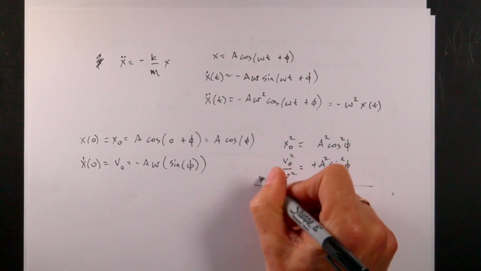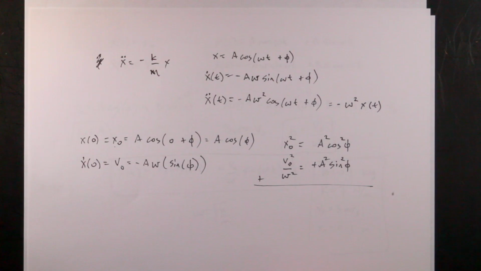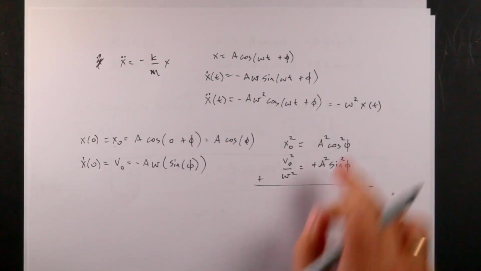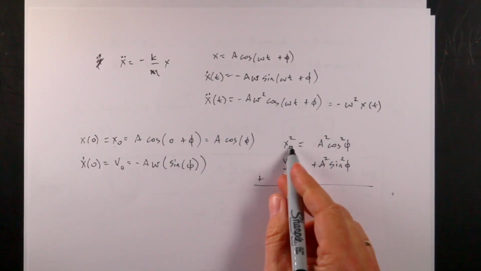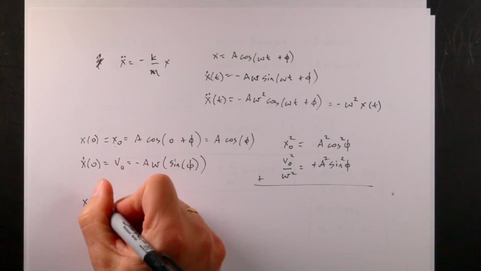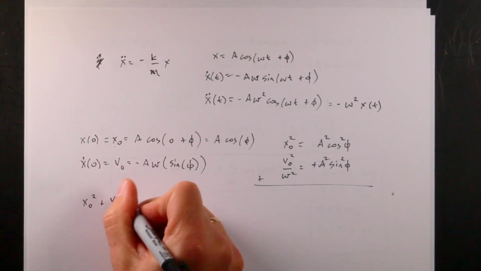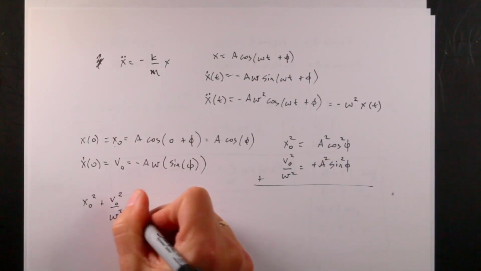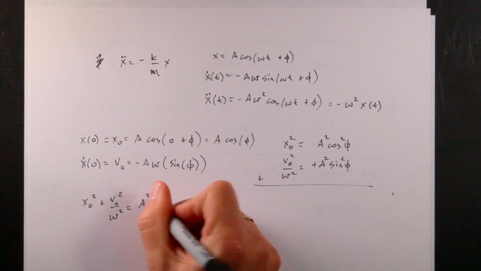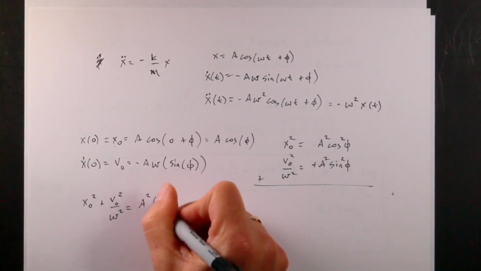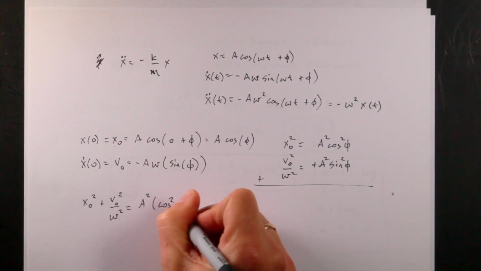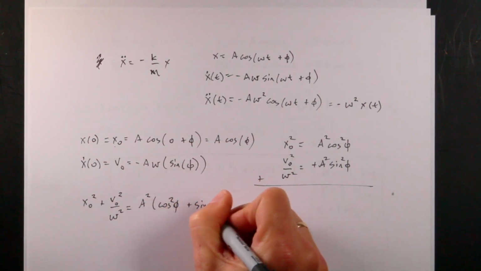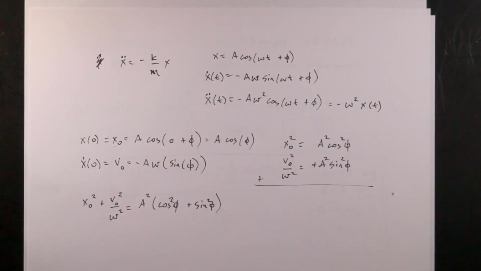Now I'm going to add these two equations together. You can do that, right? If I add the left-hand sides and add the right-hand sides, that's fine. So I get x0 squared plus v0 squared over omega squared equals a squared times, I'm going to factor it out, cosine squared phi plus sine squared phi.